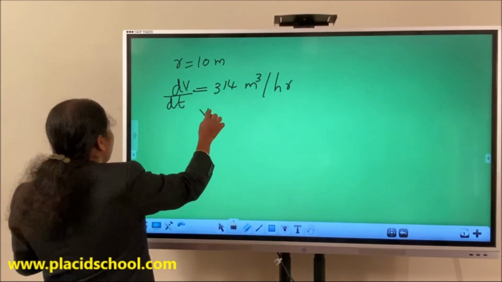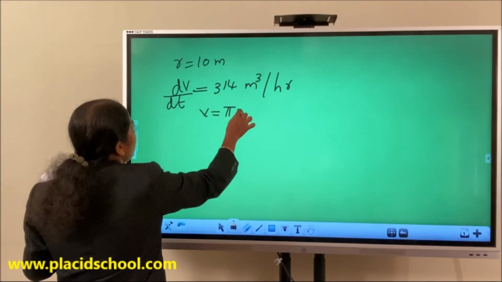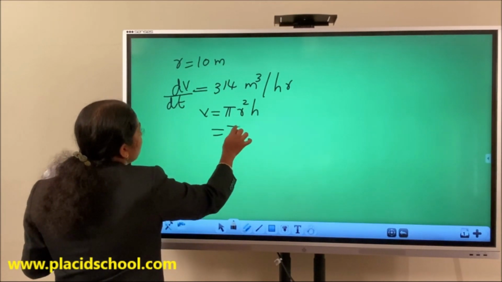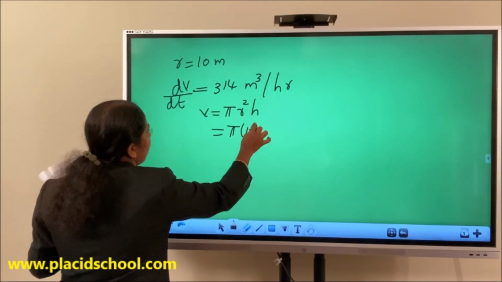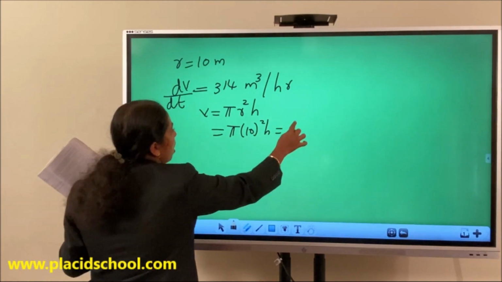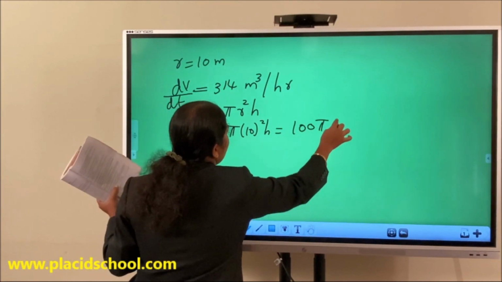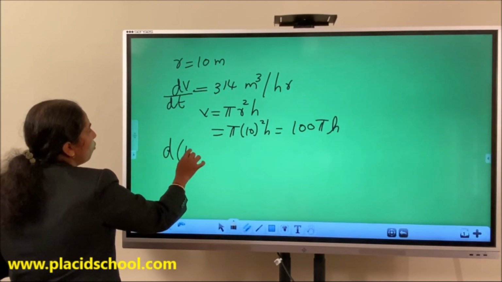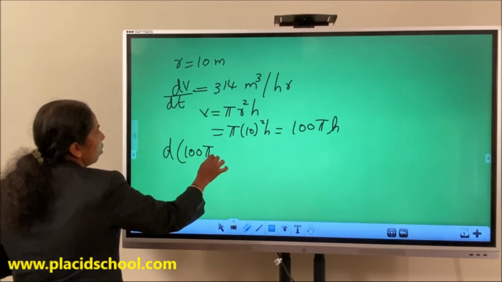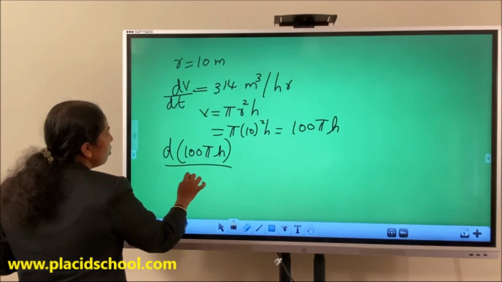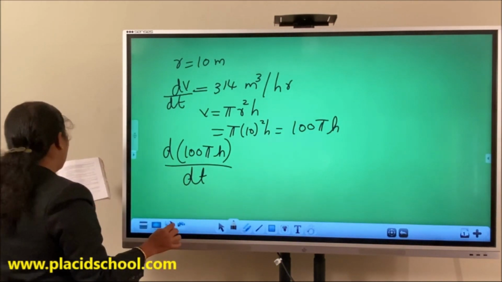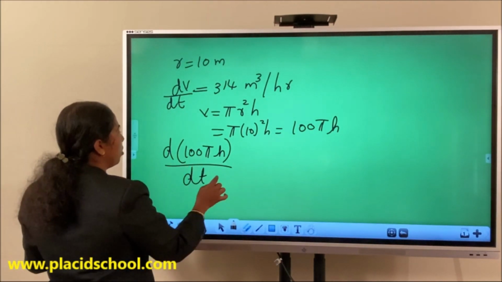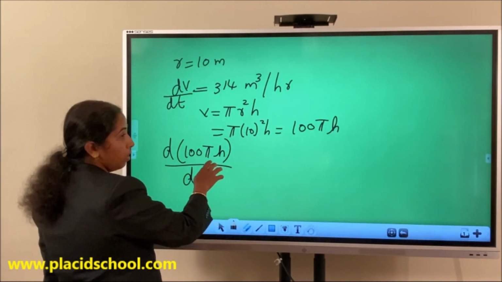Now, the volume of a cylinder is pi r square h. Given radius is 10, so pi into 10 square into h, you have 100 pi h. Now, the rate of change of this volume with respect to time is what we have to compute.